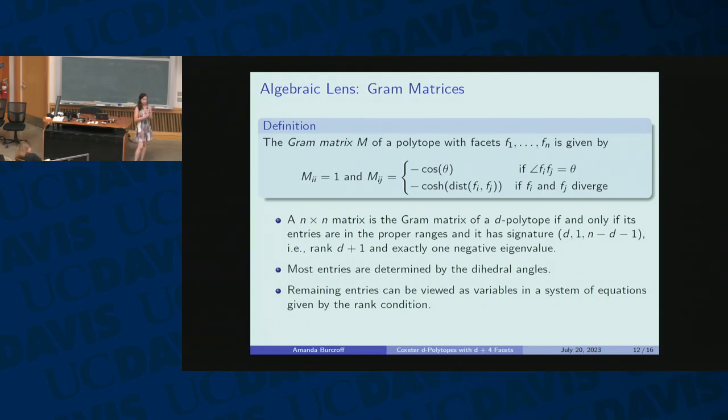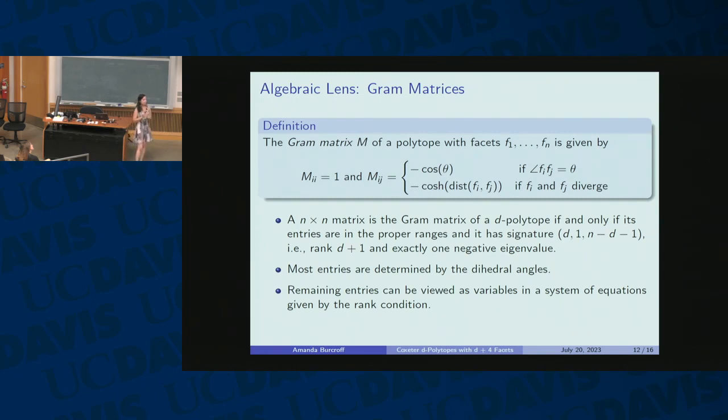The last set of restrictions that we use to finish up this problem is an algebraic restriction. So for every polytope, we can associate to it a Gram matrix where the entries of this matrix are determined by the dihedral angles when those facets intersect, and otherwise they are determined by the distance between these facets.